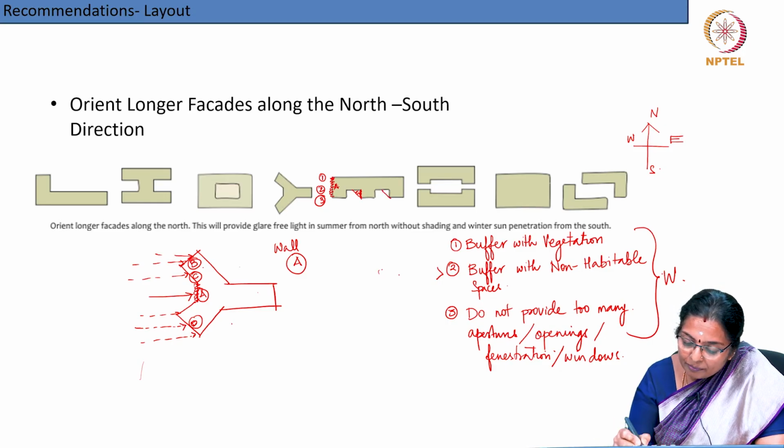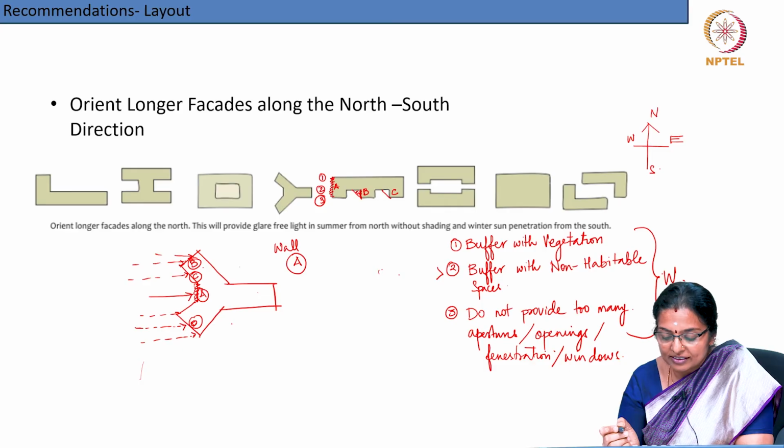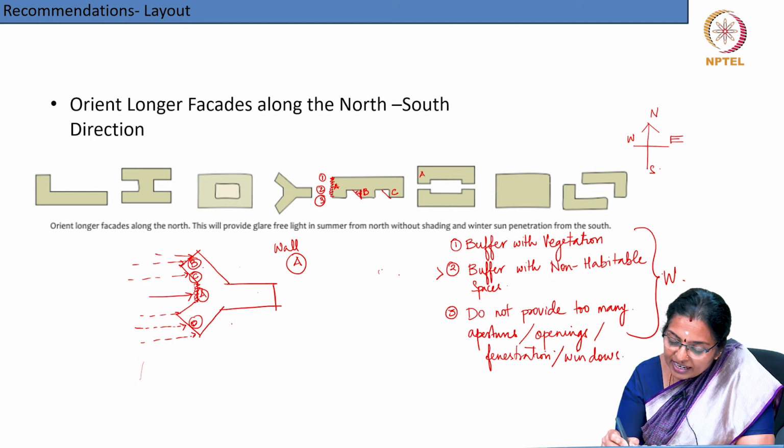So, A is an area of concern, B and C are not areas of major concern. If you look at the next plan form, yes, A is an area of concern, wall A, whereas wall B is not an area of major concern because of mutual shading.